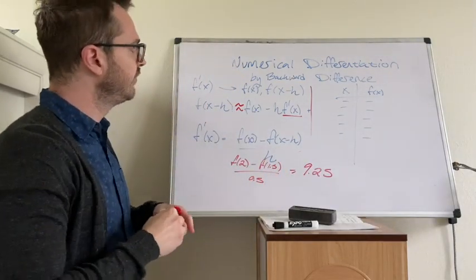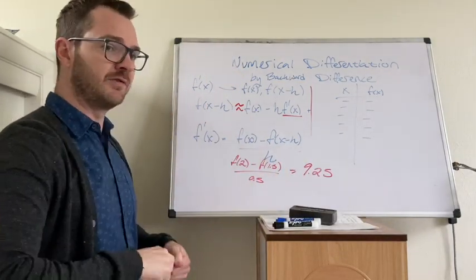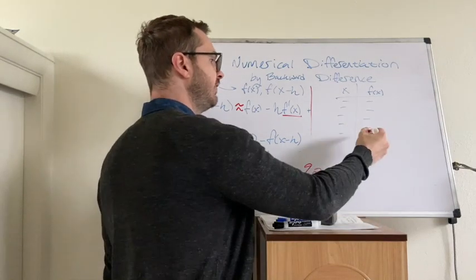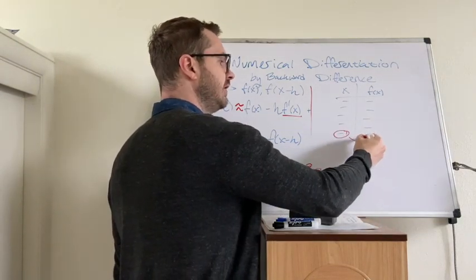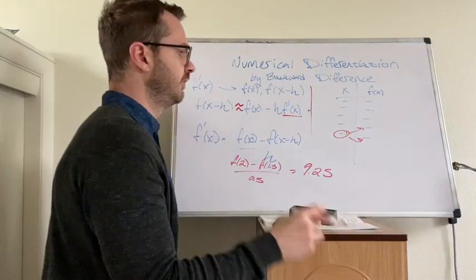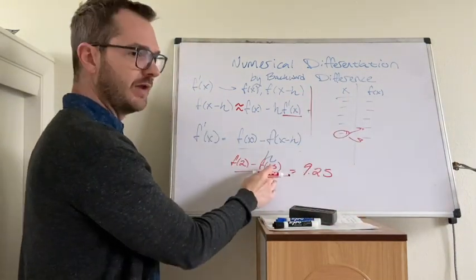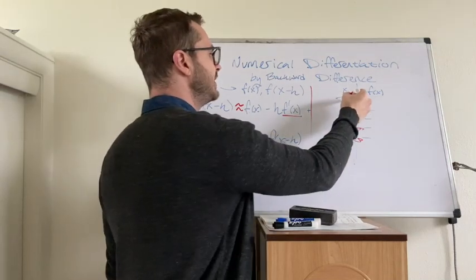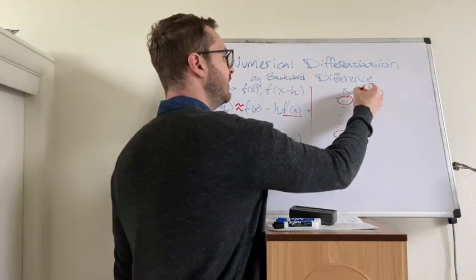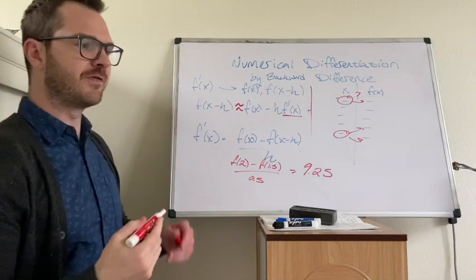We can use backwards difference to find the slope at the end this time. I could find the slope for the last one using f of the last one and the one before it, f of 2 and then f of 1.5. The limitation here, though, is that we cannot use it to find the slope at the first point.